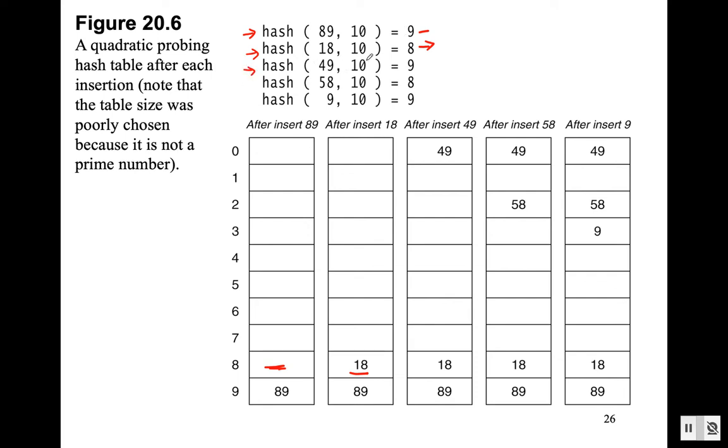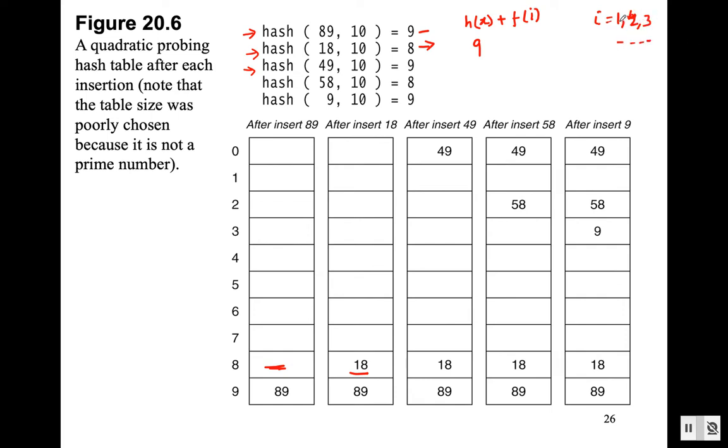So 49 mod 10 is 9, and cell 9 already has a value, so collision. That means we have to find another cell. For quadratic probing, we are going to use hash of x, which is 9, plus f of i, which is i square, and we start i with 1, 2, 3, and so on.